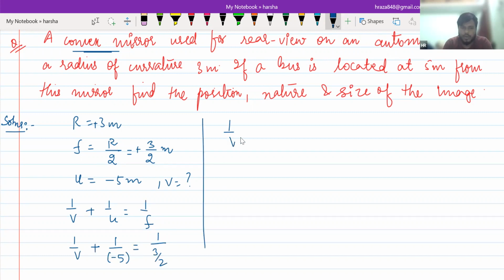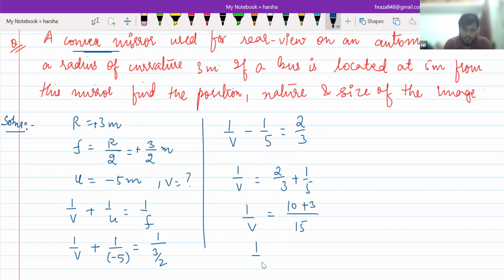Again, we are going to solve it. 1 by v plus 1 by 5 will be equal to 2 by 3. Again, 1 by v will be equal to 2 by 3 plus 1 by 5. So 1 by v is equal to 13 by 15.